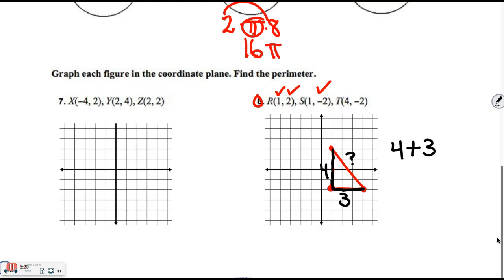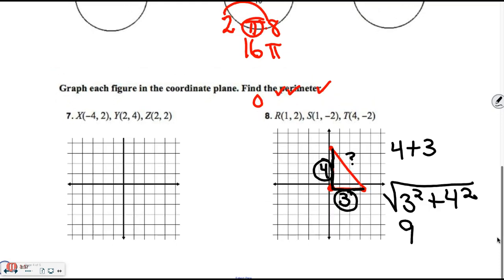So what we do is the square root of the change in x squared plus the change in y squared. It's the distance formula, also the Pythagorean theorem, 4 times 4, 3 times 3. Add them up, take the root. 25 is what we get when we add it up, and then we take the root for a 5.